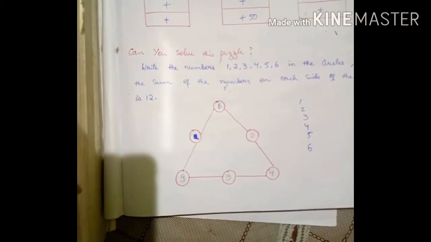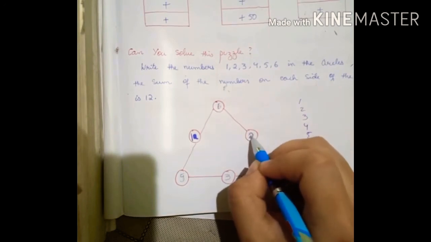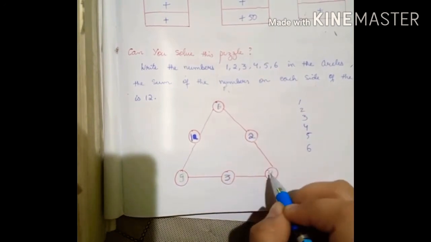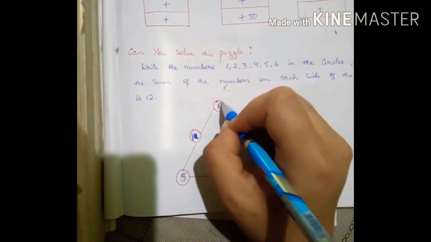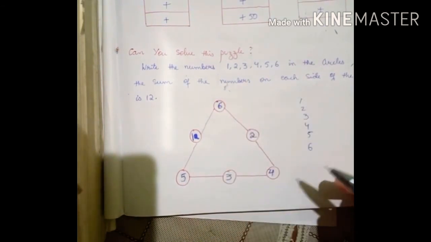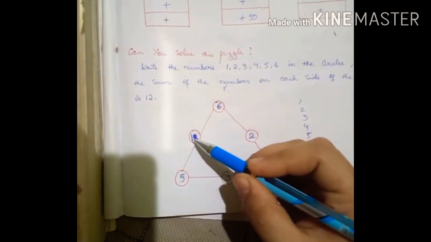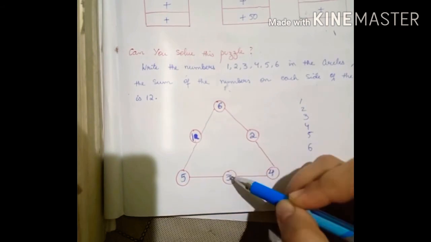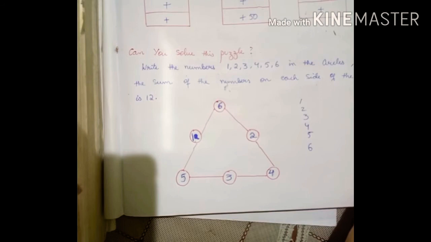How the numbers should be placed is that we start here with 1, 2, 3, 4, 5 and 6. Okay, we can use the numbers only once. You cannot repeat the numbers. All the numbers are there in the circles. So let's solve and see whether all the sides are giving 12 or not.